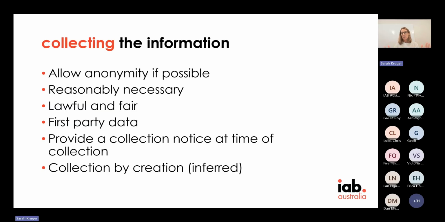So you start to get a picture of how cumbersome the current regime is, and why as a consumer you are faced with a lot of tick boxes, which many people believe leads to consent fatigue and doesn't really benefit consumers or industry. And that's one of the things government's looking at.